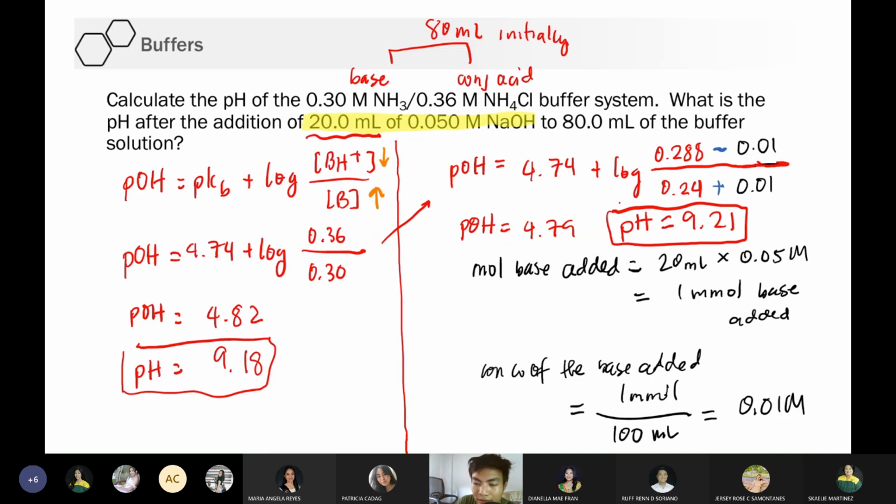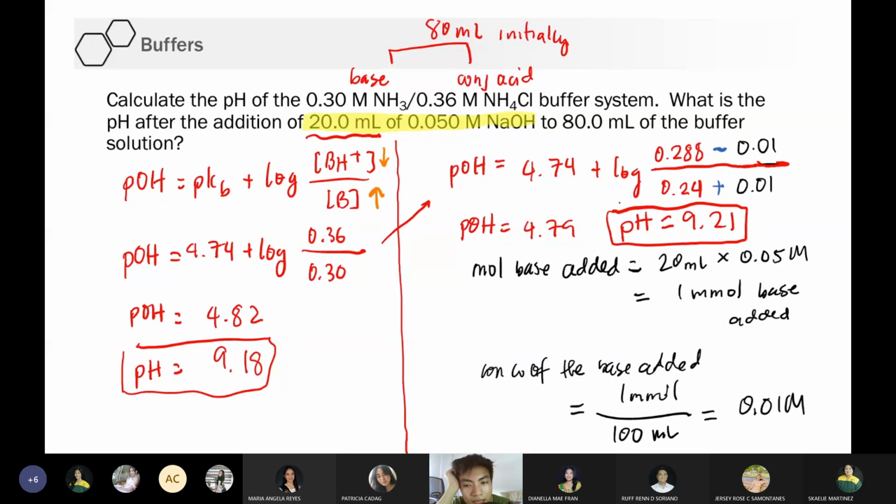Ayun. Okay. So, ganun lang gagawin nyo ha. Kapag kayo ay nagdagdag ng base sa base solution, tataas yung base, bababa yung conjugate acid. Pag kayo nagdagdag ng base sa acid solution, mababawasan yung acid, madadagdagan yung conjugate base. So isipin nyo na lang, pag nagdagdag ako ng base, tataas yung base ko, whether that's a base or a conjugate base.